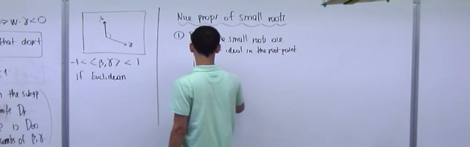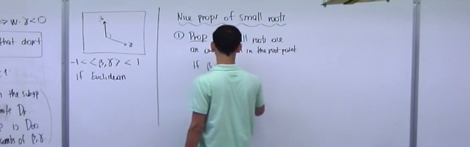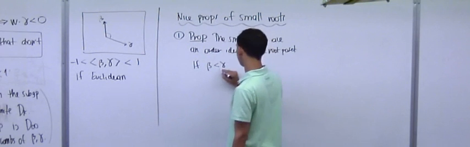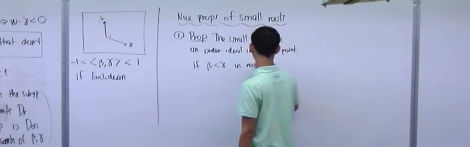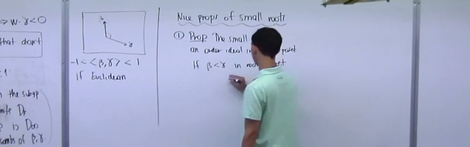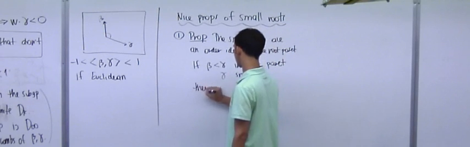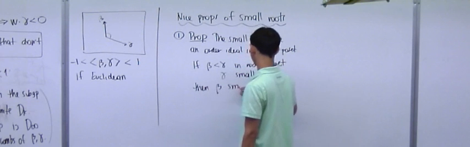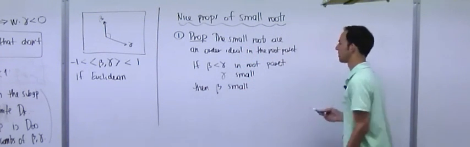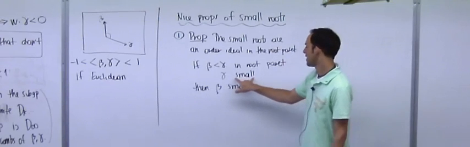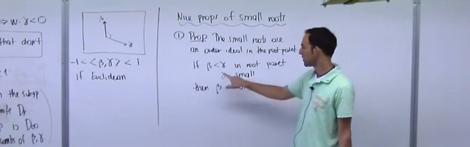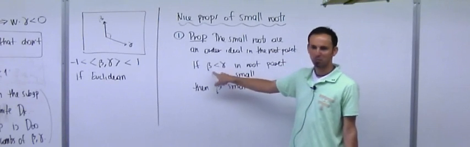So if beta less than gamma in the root poset, and gamma is small, then beta is small. And this is not obvious because this adjective of small, as far as we know, is not necessarily related to smallness in this poset.